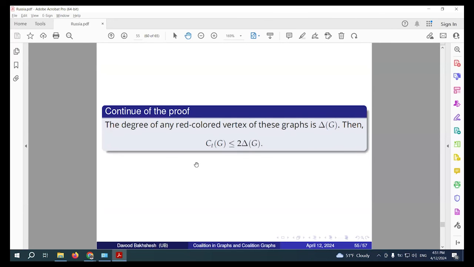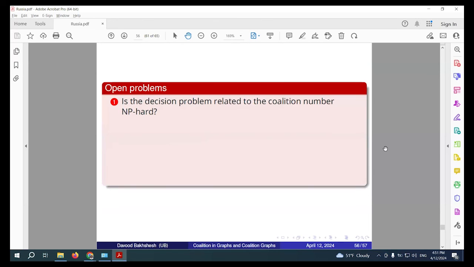Then we prove that the degree of any red vertex of this graph is big Delta(G). Then according to this, we prove that the total coalition number of G is at most 2 Delta(G).